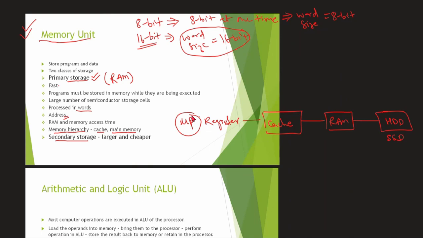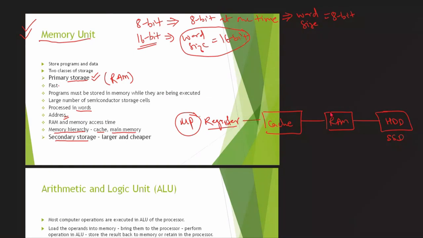If the microprocessor wants to do some processing on the data, it will first look into the registers. If it is available here, it can use it from the registers directly and do the processing. If it is not here, it will look into the cache. If it is available in the cache memory, it will, if needed, transfer it to the registers. Otherwise, it will take the data directly and do the processing. If the data is not here, then it will go to the RAM.